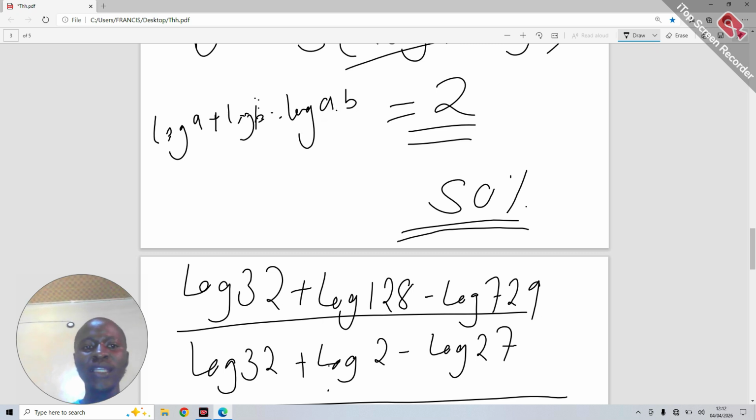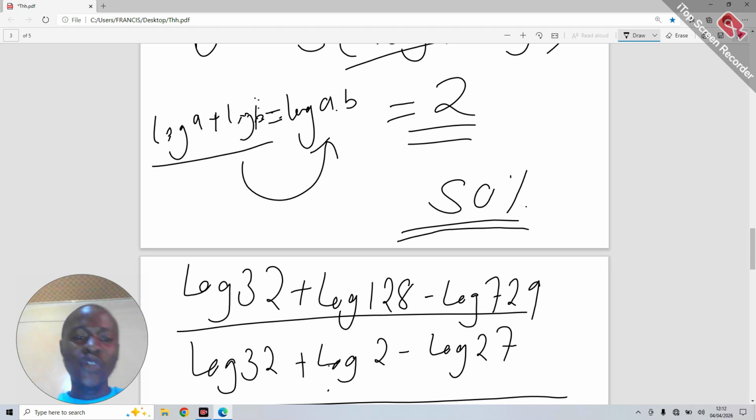So what does that mean? We have 2 logs and the outcome. Outcome is what comes after the equal sign. So have the concept. Concept understanding will help you to do much better in mathematics.